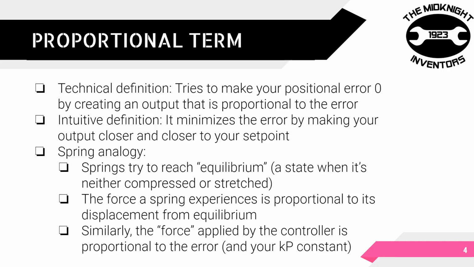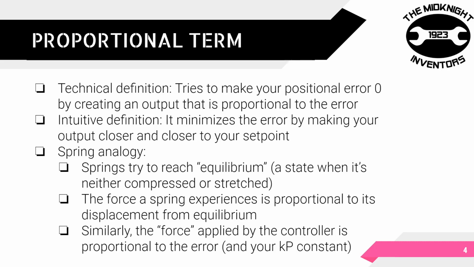And what the WPILib docs have, and what I really like, is this analogy of a spring. If you haven't taken physics, the way a spring works is that it has an equilibrium position where it's neither stretched nor compressed. And what springs try to do is reach that equilibrium position. So if you imagine a spring in your hand, and let's say the far left is this equilibrium point. When you stretch it out to the right, the force on the spring is going to act towards the left, right? Because the spring wants to go back to its equilibrium position.